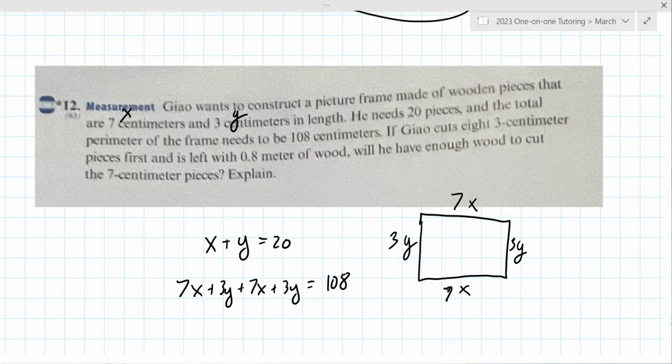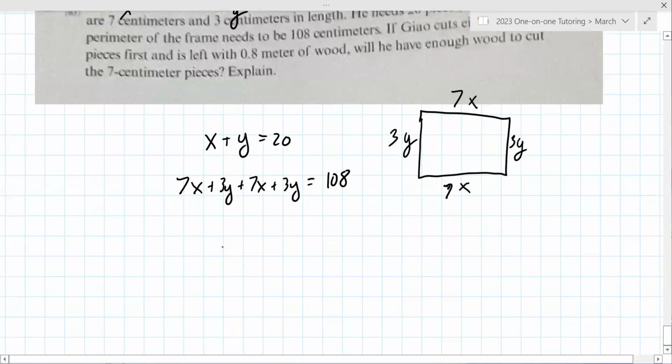Okay. This is fairly complicated. I don't see anything like this very often. But it is a system. The second one becomes 14x plus 6y equals 108. And we can do a couple of things to solve the system here. Do you remember elimination?